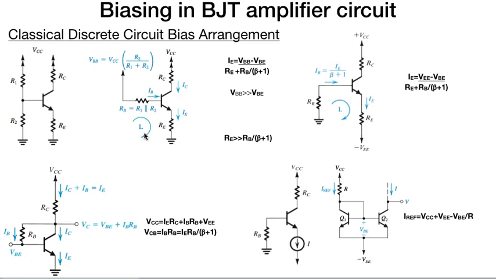With basic knowledge of networks, you can apply Kirchhoff's law and the voltage divider to get the equations that have been mentioned, such as VEE minus VBE over RE plus RB by beta plus 1.